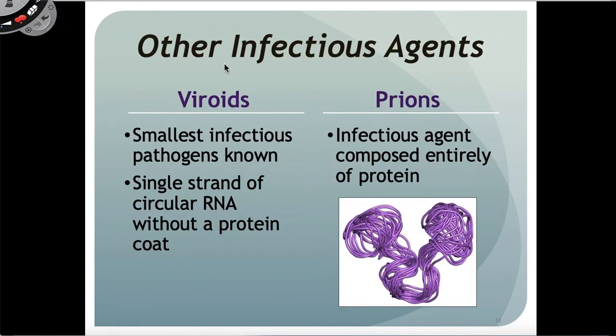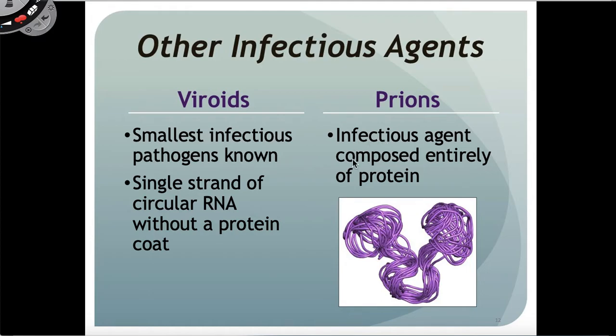And then there's other types of infectious agents. For example, viroids are the smallest infectious pathogens, very, very tiny. They're single-strand circular DNA, and they don't have a protein coat. And then there's prions, and these are infectious agents that are completely made up of protein.